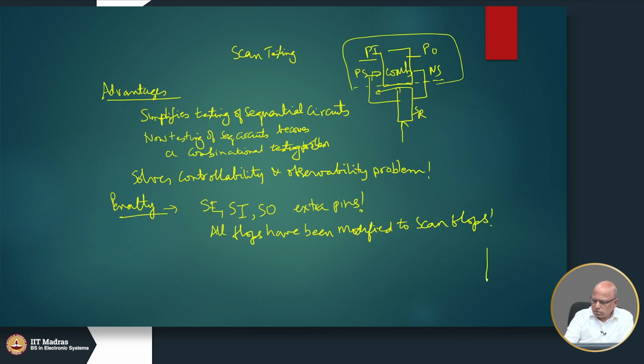What is a scan flop? This one is my D and Q. Now, I have a multiplexer sitting in front. So, there is some extra area due to the mux.